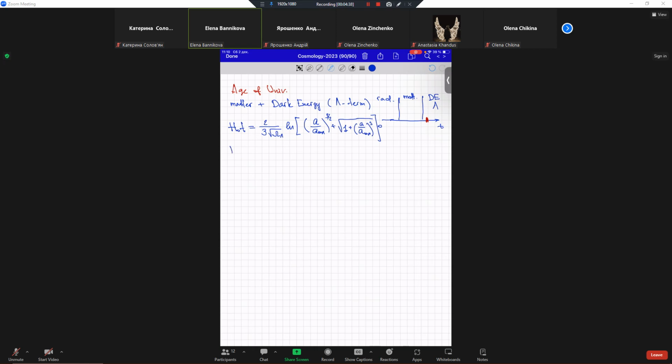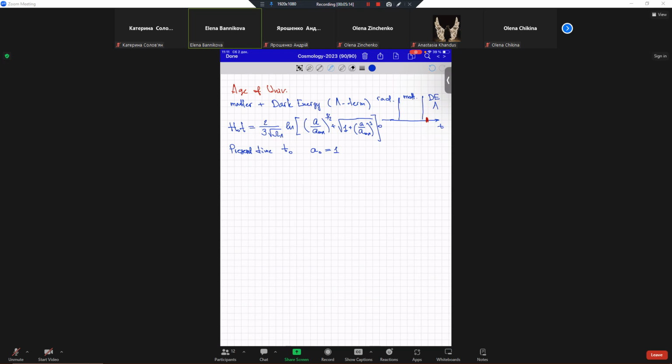For the present time we use the notation t0, and this means exactly the age of the universe, where a0 equals 1. We decided to use such a notation, so I consider the expansion of the universe starting from the present time.